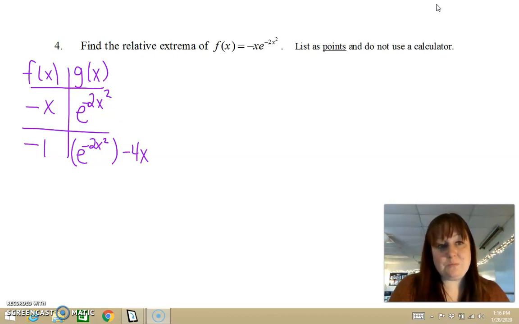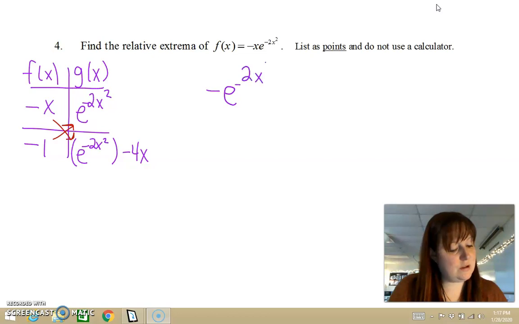So now I have to use the chain rule to find the derivative. So I multiply f prime times g, plus f times g prime. So I end up with negative e to the negative 2x squared, plus negative x times negative 4x times e to the negative 2x squared.